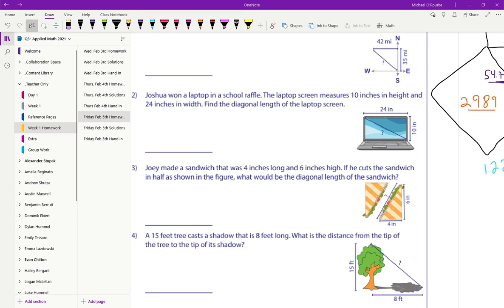Andrew, Emily, Tiara, Emma, Dylan, Dominic, Amelia, Haley, Alexander, Trey, Evan, Luke, Ben, and Logan. Whose name did I not say? Logan, Ben, Haley, T. Alexander said.